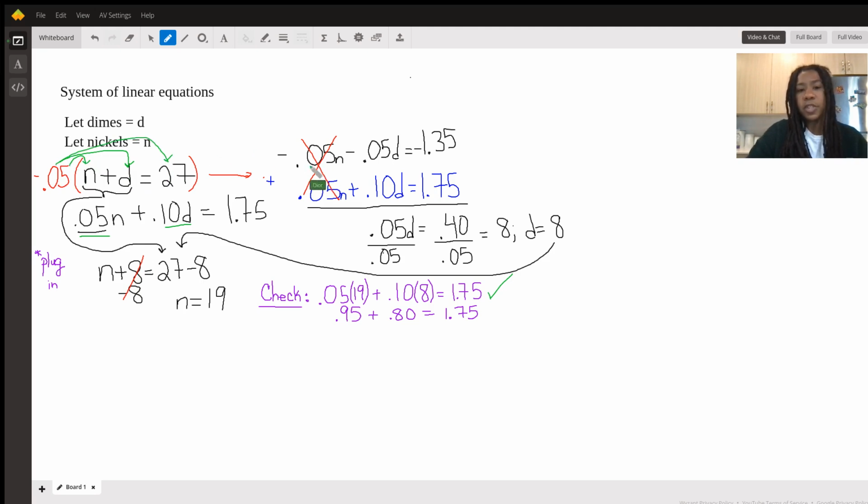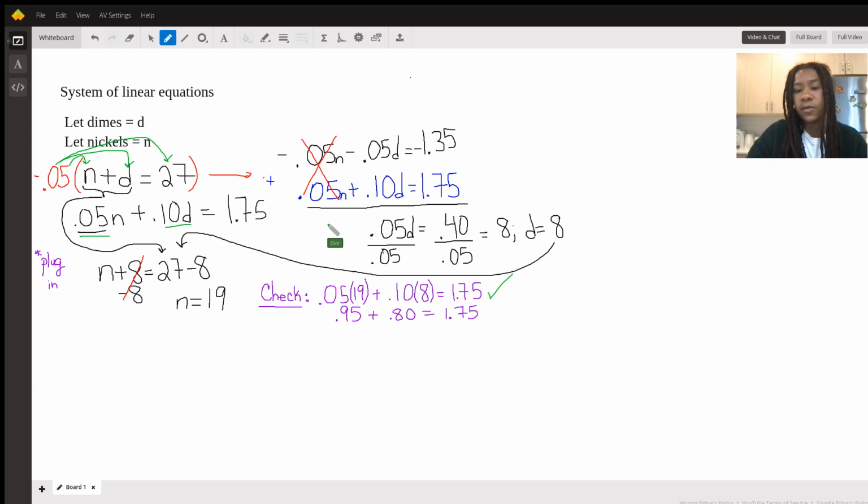That's why this first term here, I know it's crossed out because I already did the math, but the first term here is negative 0.05N minus 0.05D. And finally, 27 times 0.05 is 1.35. So we have that set up.